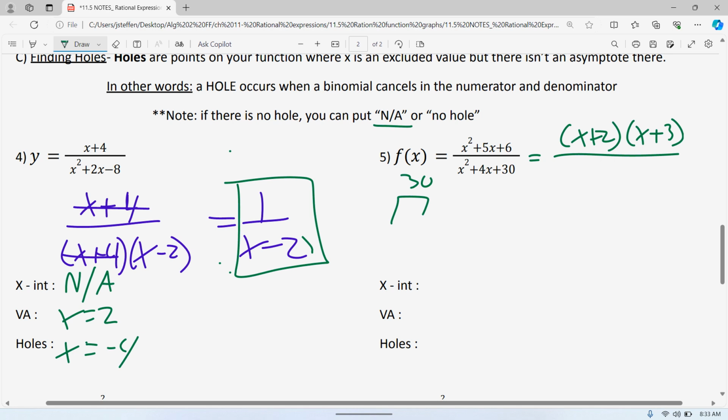So what? 1 and 30 is not going to work. 2 and 15 obviously isn't. 3 and 10 is not. Is this not factored? I messed this one up. Interesting.